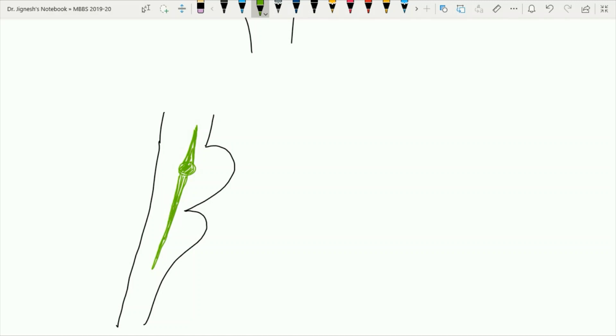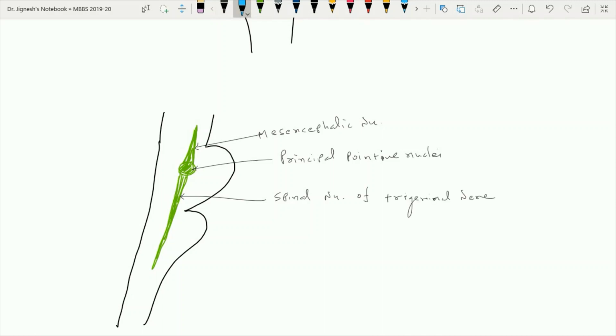So the sensory nucleus of the trigeminal nerve has three portions: the principal pontine nucleus, the mesencephalic nucleus in the midbrain, and the extension into the medulla oblongata and up to the upper part of the spinal cord, which is the spinal nucleus of the trigeminal nerve.